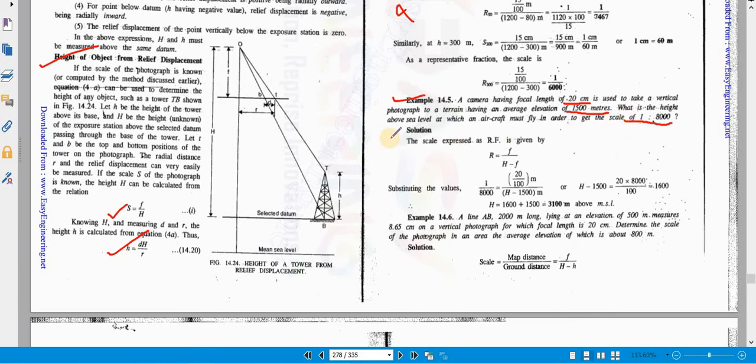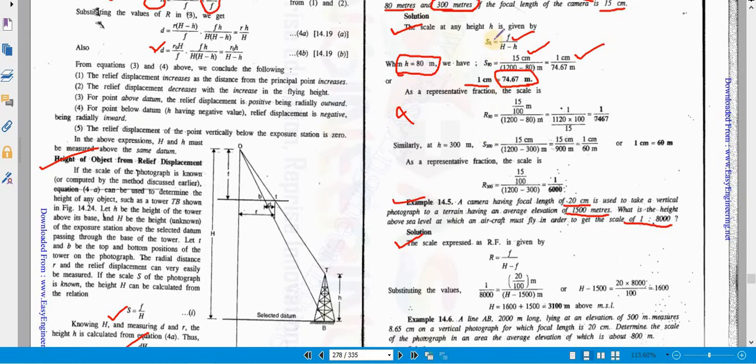So the scale is expressed as RF equals to F by capital H minus small h. This is your scale problem, or you can directly use this formula. 1 in 8,000 equals to F, and we have got the F value as 20 centimeter.